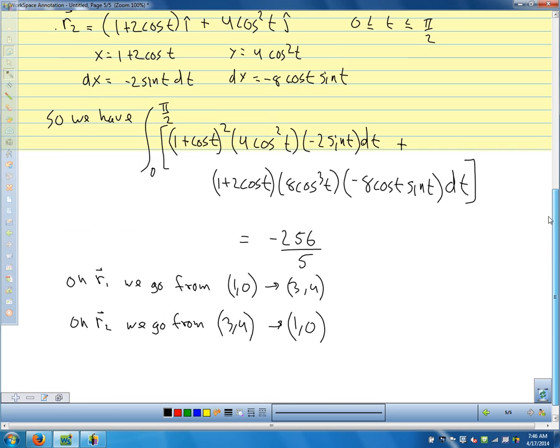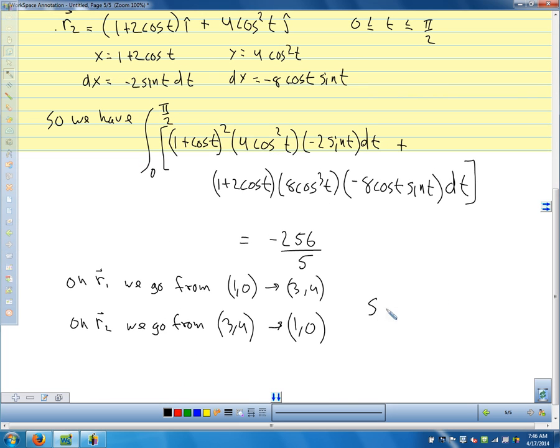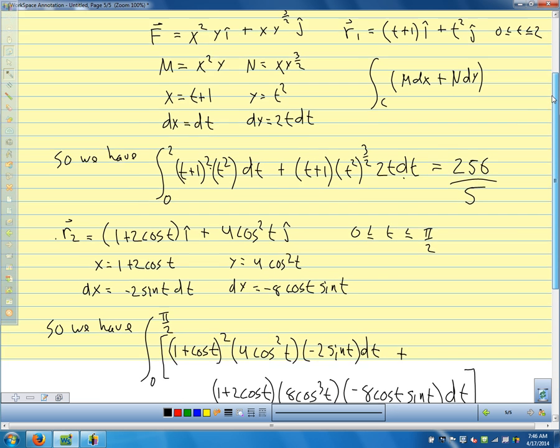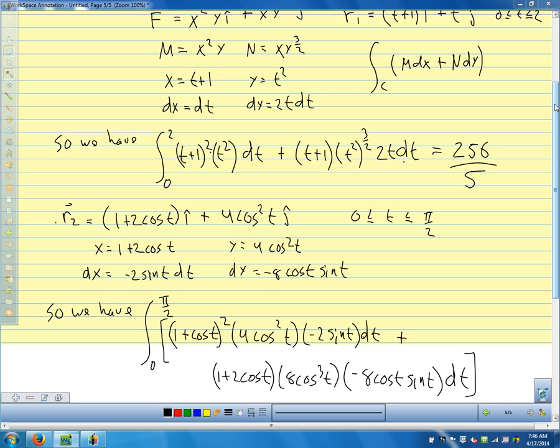So this was same curve, opposite orientation. One parameterization takes us one direction, the other takes us the opposite direction. So the magnitude of our line integrals are the same, they just have different signs.